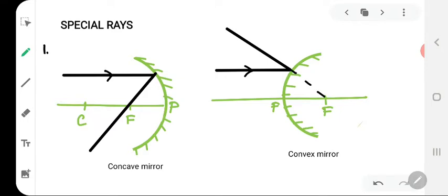Now again, being a ray of light, we need to mark an arrowhead in both the cases. So this is the first special ray. Any incident ray of light traveling parallel to the principal axis passes or appears to come out of the principal focus after the reflection from the spherical mirror. This is the first special ray.